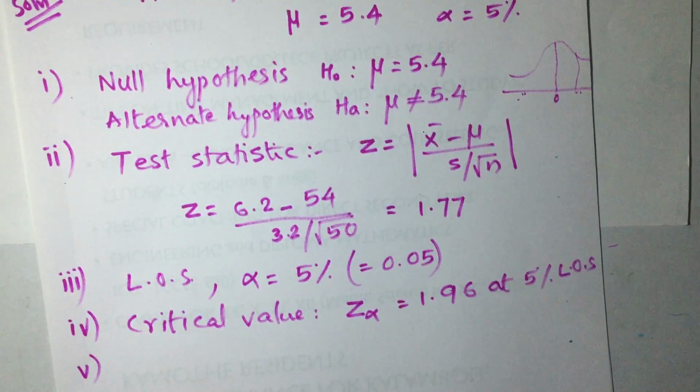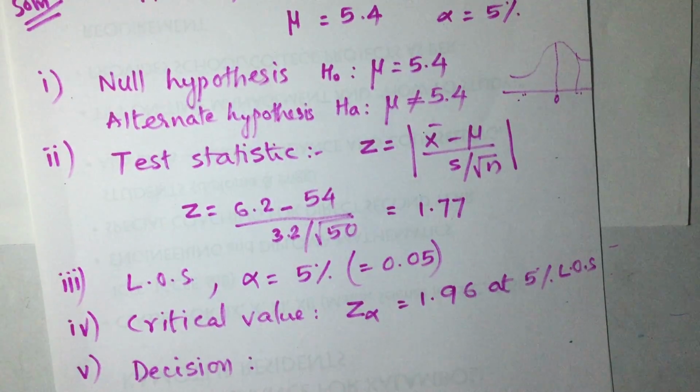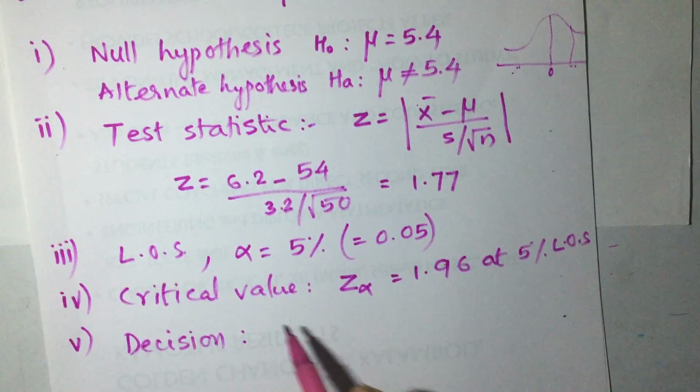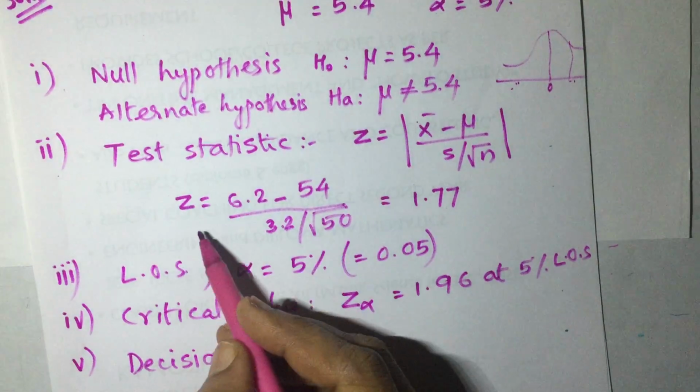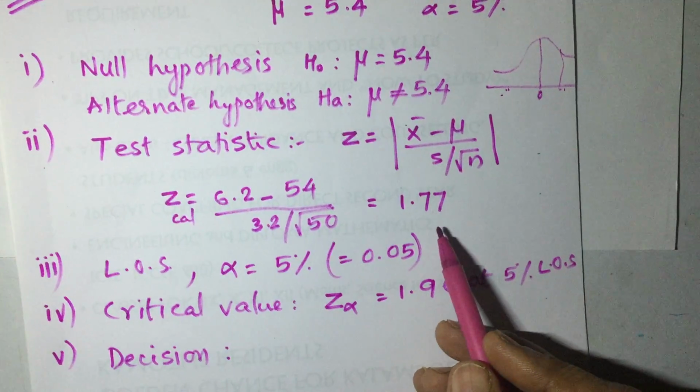Then the fifth step is the decision, whether we accept or reject the null hypothesis. Here the calculated Z is 1.77.